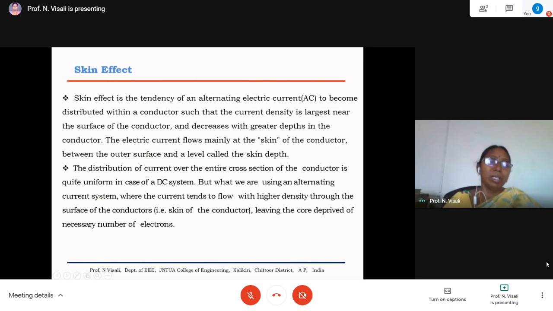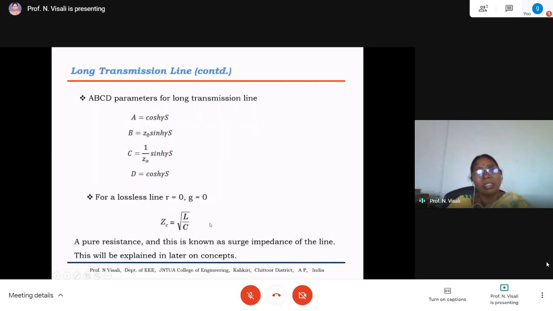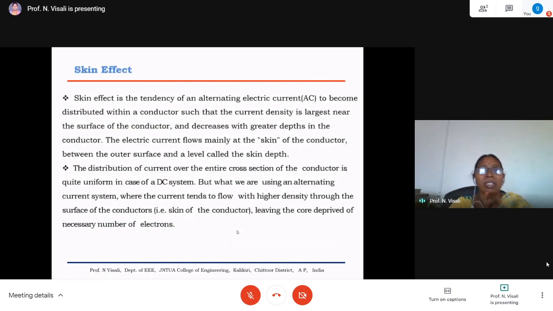Here, there are some other effects we also need to study. What is the skin effect? The skin effect is whenever alternating current passes through a conductor, the current density of that conductor is not uniform. The electric current flows mainly at the skin of the conductor, between the outer surface and a level called the skin depth.